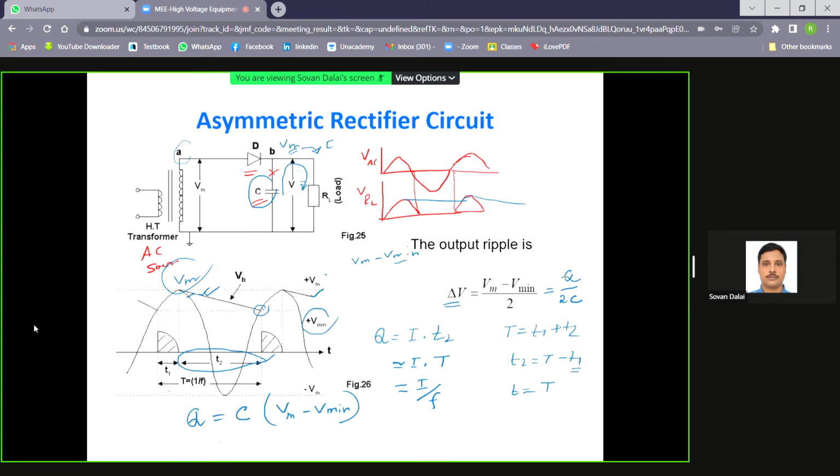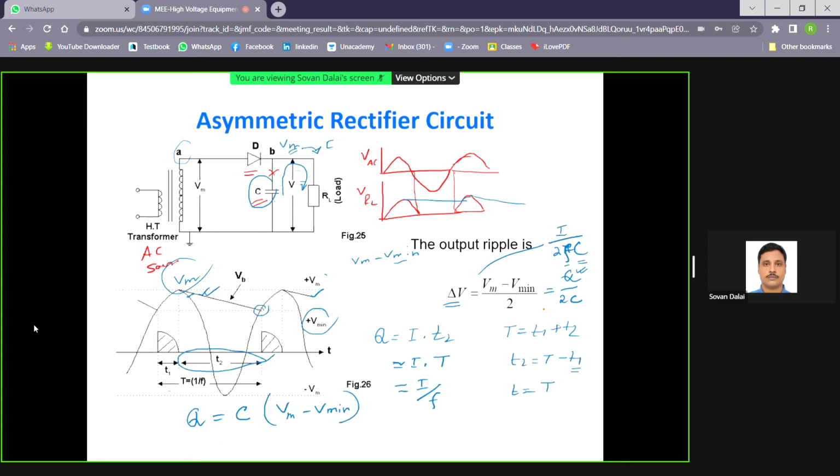Now again you can represent Q as I by f, so ultimately delta V equals I by 2fC. So you can represent the voltage drop in terms of the load current as well as frequency and capacitance.